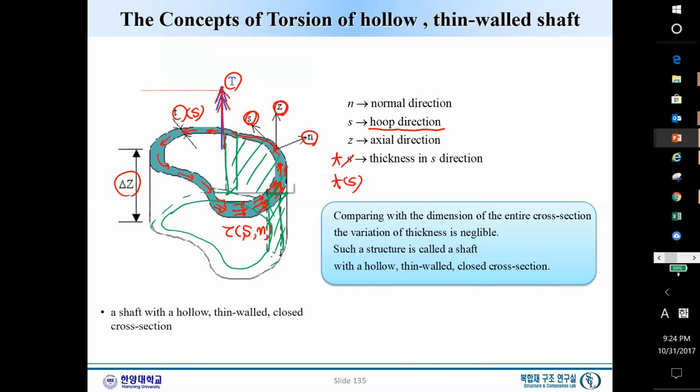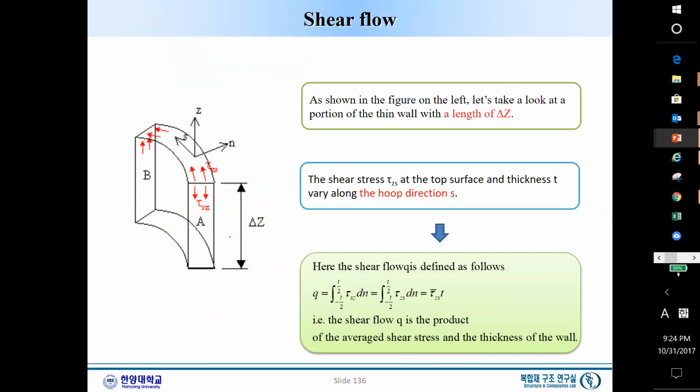The most important point in this derivation is these shear stress derivations. So let's take a look at that part. This is tau, and this is also tau. This is a shear stress, and please pay attention to this coordinate system.